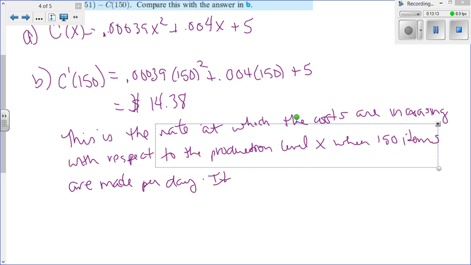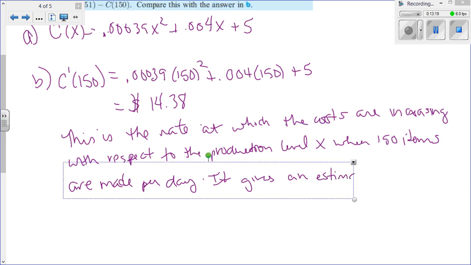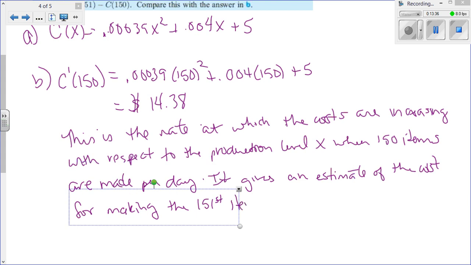It gives an estimate of the cost for making the 151st item.